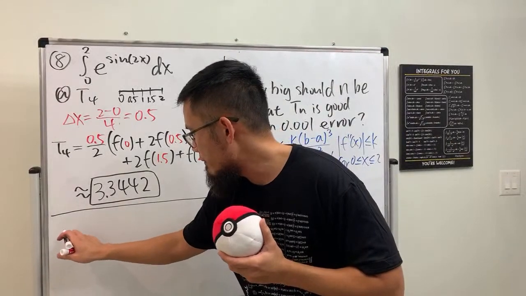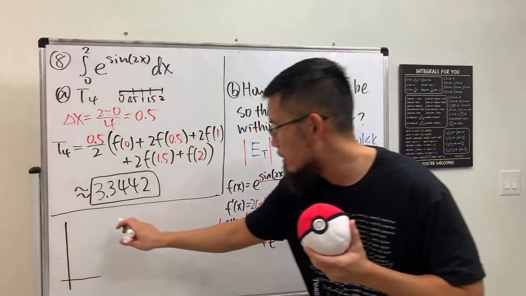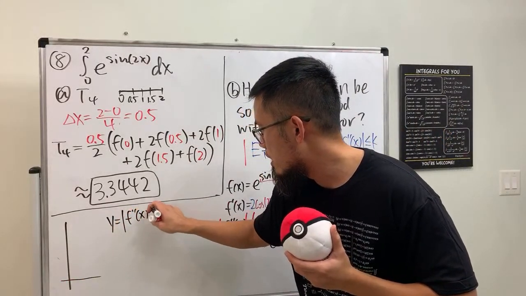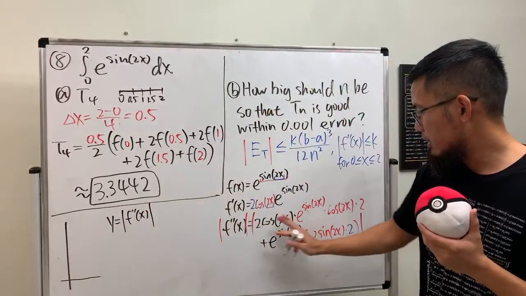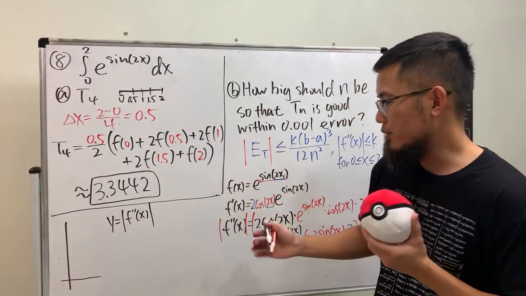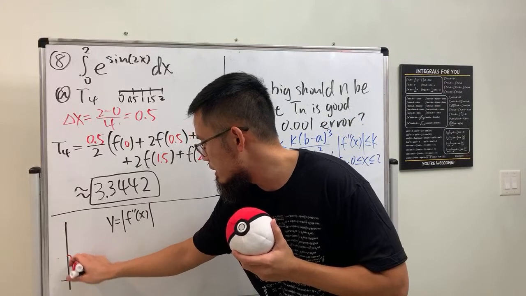If you graph the absolute value of the second derivative, if you simplify, good. If you don't, that's fine. Just enter everything, and you will end up with a graph that looks like this.